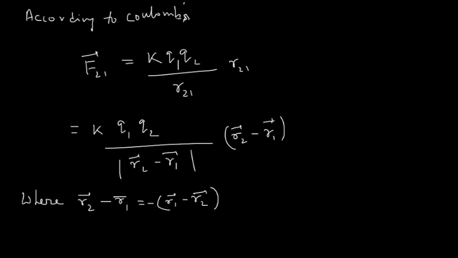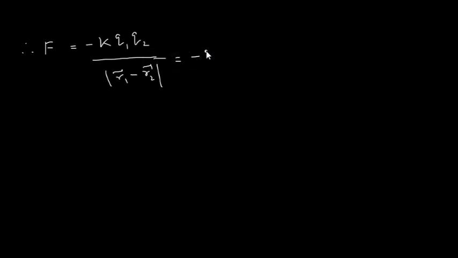Thus, we can write F21 is equal to minus K Q1 Q2 upon modulus cube of R1 minus R2, which is equal to minus F12.